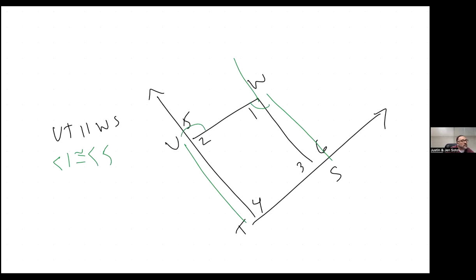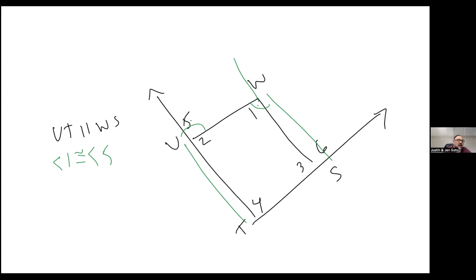So of all those, A, B, C, D, or E, which one of those talks about alternate interior angles proving congruency? Letter A. If two parallel lines are cut by a transversal, then their alternate interior angles are congruent.